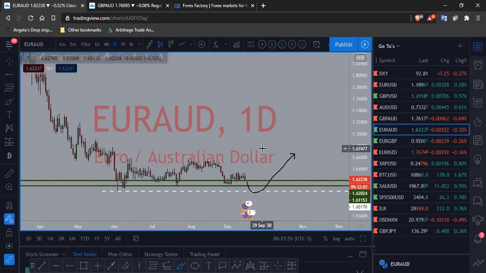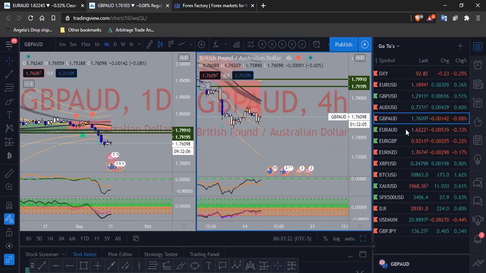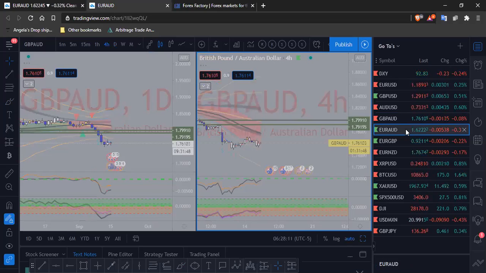Personally, I wouldn't be surprised if I see that, but I'm still bullish on this unless it breaks and closes under this support on the daily time frame, then I'm bearish on it. I mean bullish, sorry, I didn't mean bearish.